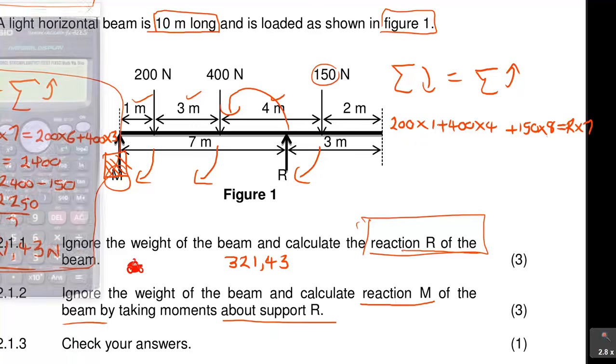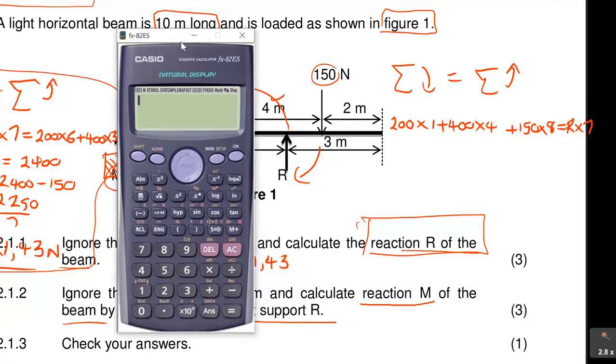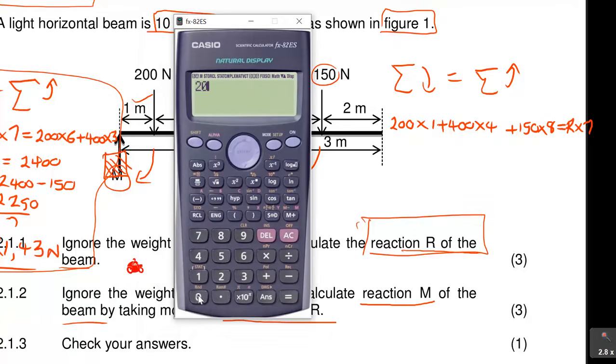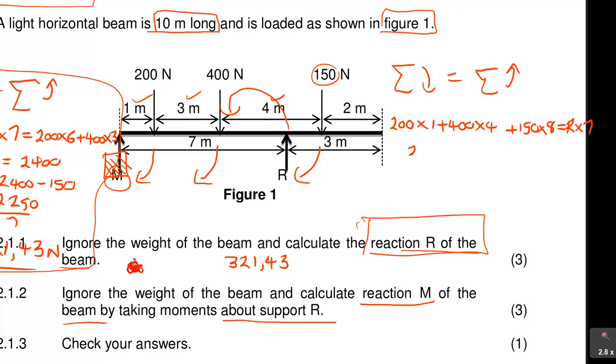So you can use the calculator to find that, which is 200 times 1 plus 400 times 4 plus 150 times 8. See that? It will give me 3000. So I've got 3000 is equal to R times 7.